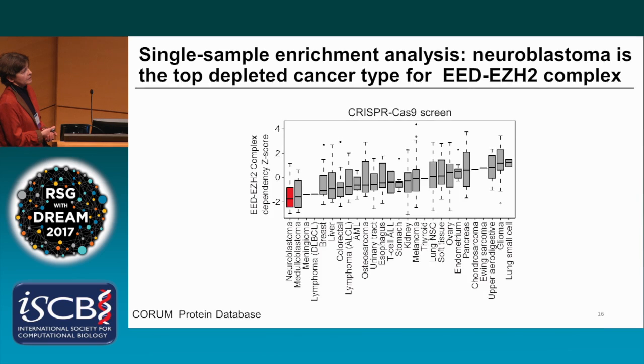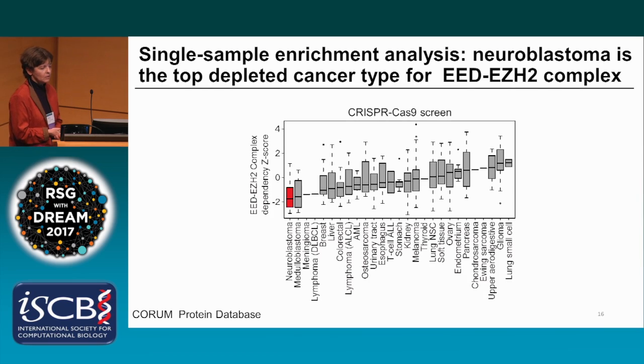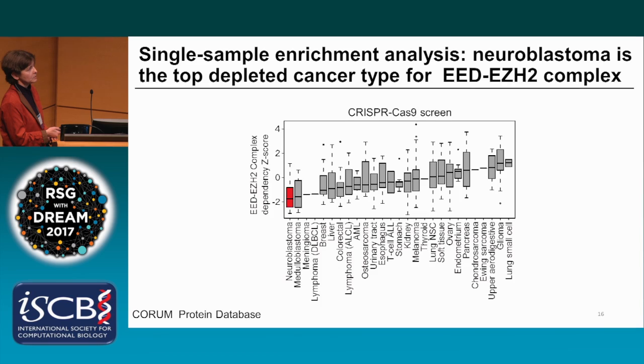We then validated the results through a semi-supervised approach by performing single sample GSEA on the samples in the CRISPR Cas9 study based on the MSigDB database, and we found that neuroblastoma is indeed on top. It scores as the top cancer category with respect to enrichment in the EED EZH2 complex.